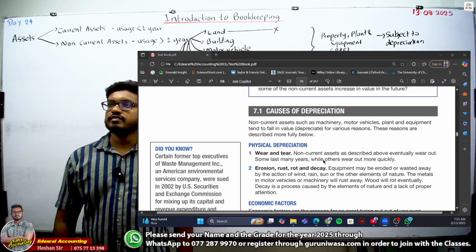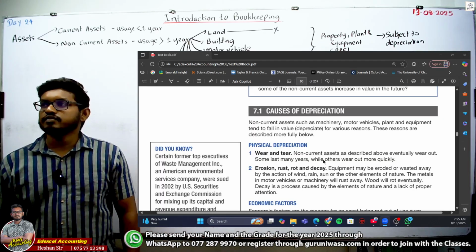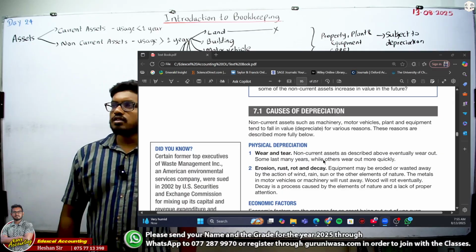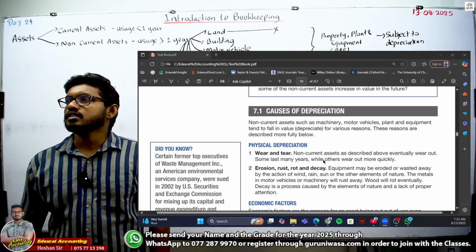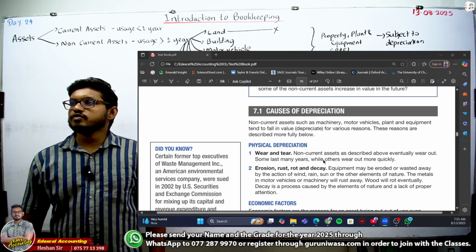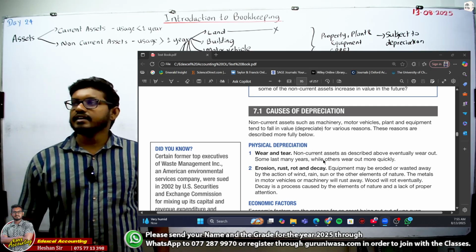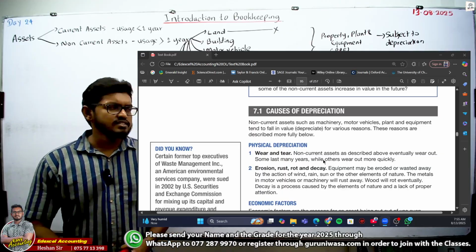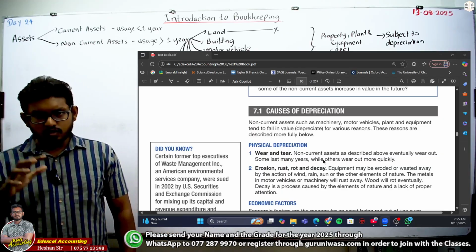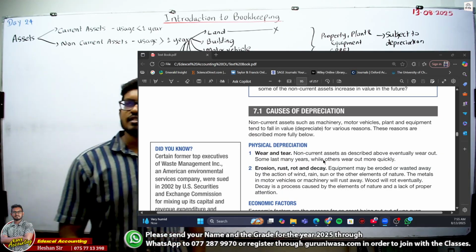The materials in a vehicle or machinery will rust away. Wood will rot eventually. Decay is a process caused by elements in nature and a lack of proper attention. Likewise, these are the physical factors. Physically, because of this, the value decreases.